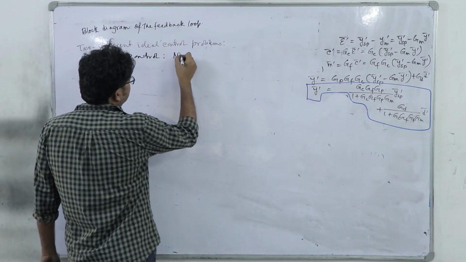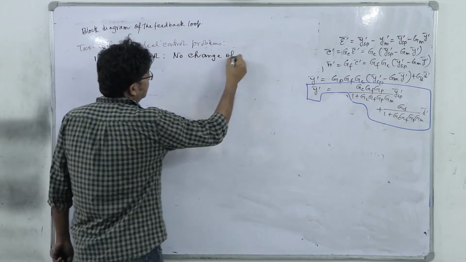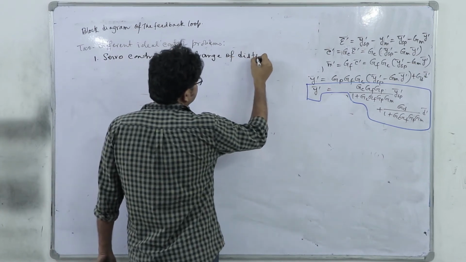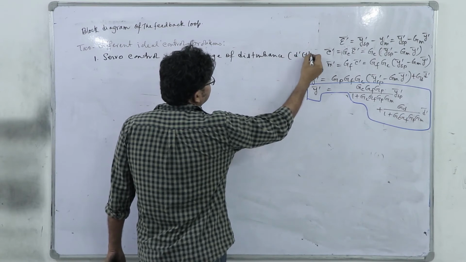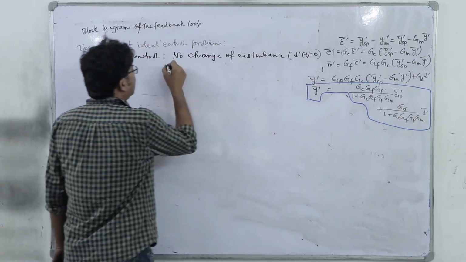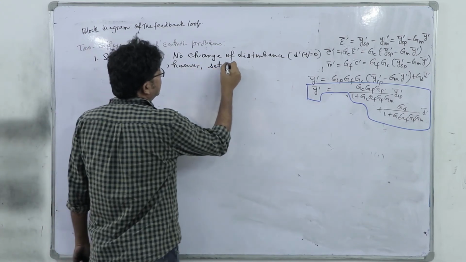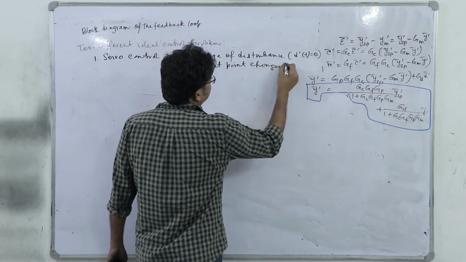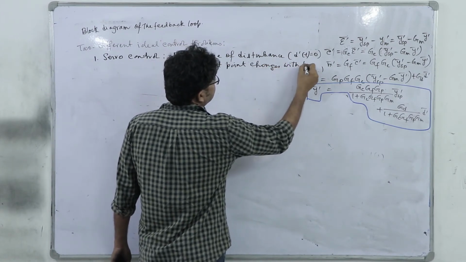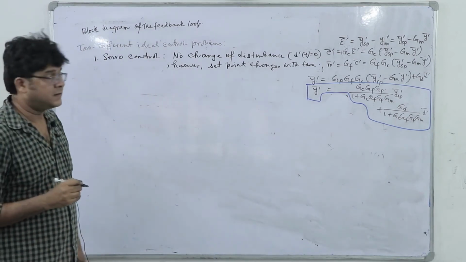Here no disturbance, or rather no change of disturbance, that is d prime t is 0. However, set point changes with time. Right. So, that is rare in chemical process industry.